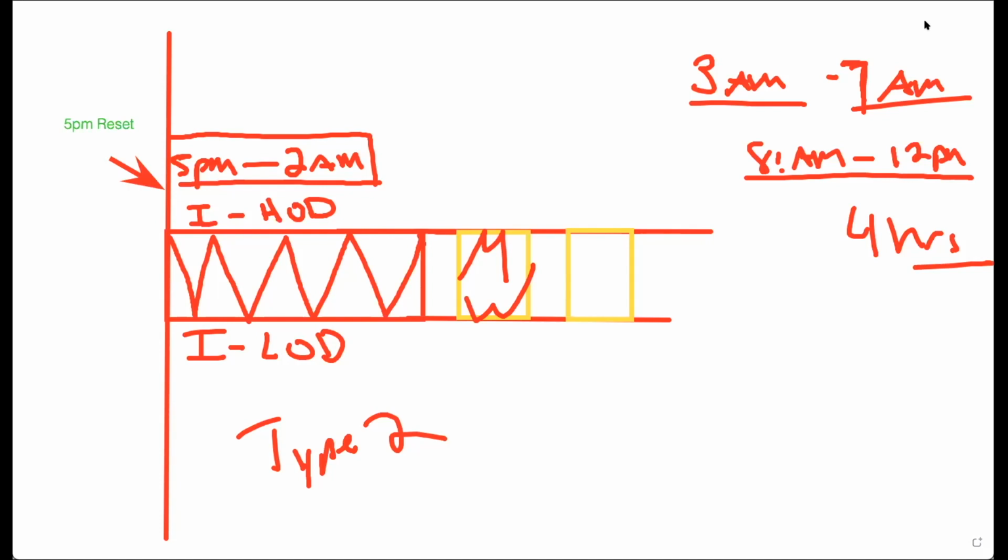Are you going to get a formation on a type 2 setup that looks like this? Yes, it's possible, but it's very unlikely. The majority of the time, it's going to be this. But it's absolutely possible. The majority of the time, it's going to be London.